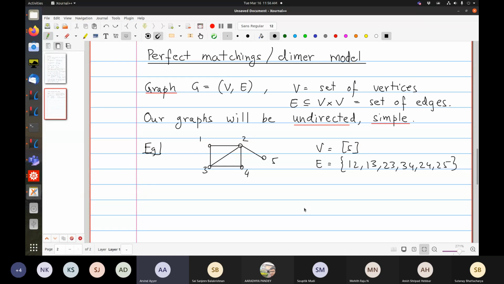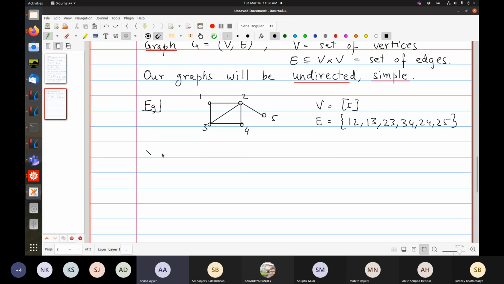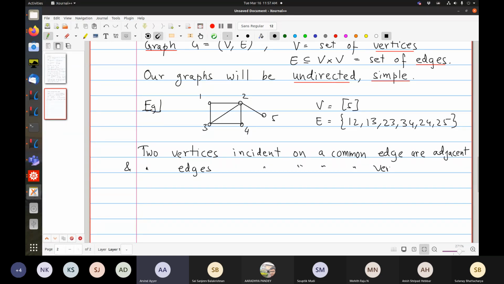One piece of terminology it would be good to have is that two vertices incident on a common edge are adjacent, and two edges incident on a common vertex are also adjacent.